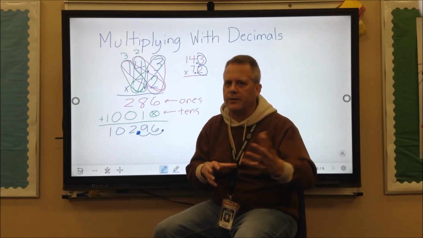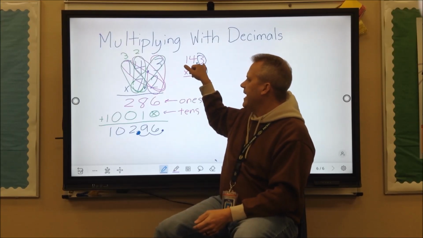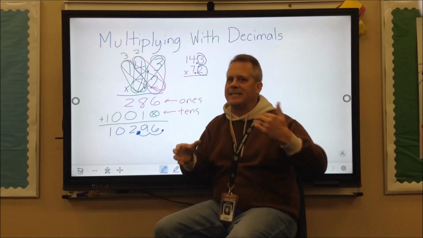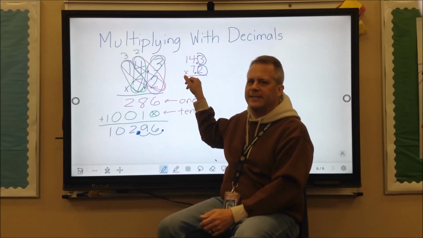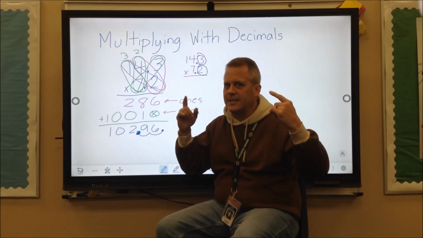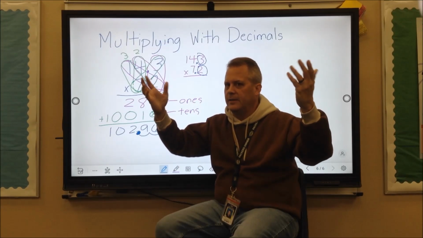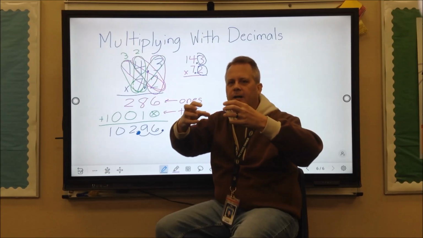Well, here's where that vocabulary comes back into place. I had one number after the decimal, so that's my tenths place. I had another number after the decimal in a tenths place. Now just think to yourself, a tenth times a tenth is a hundredth, just like 10 times 10 is 100.